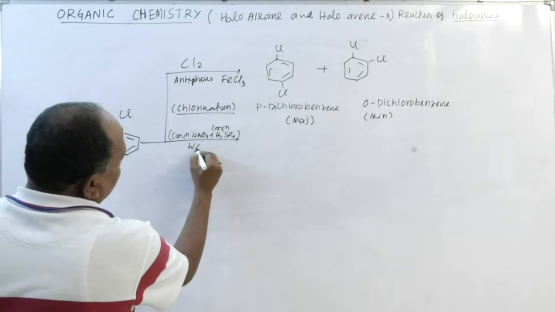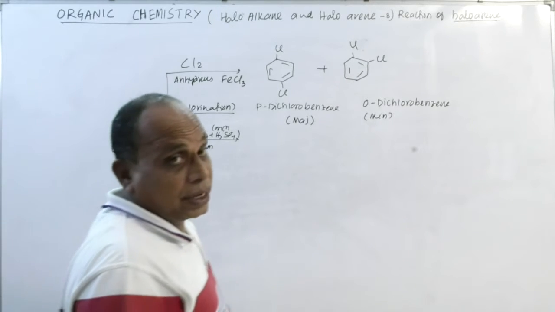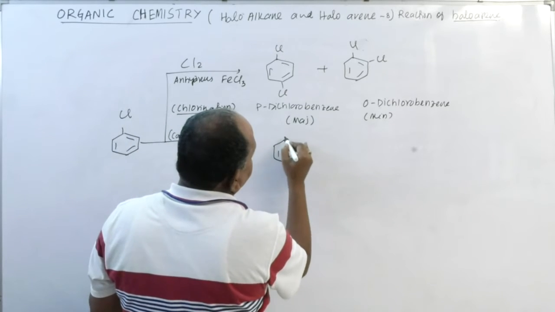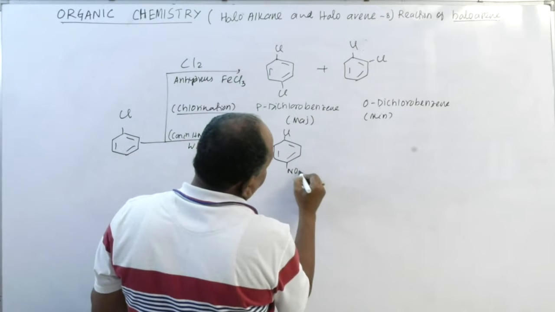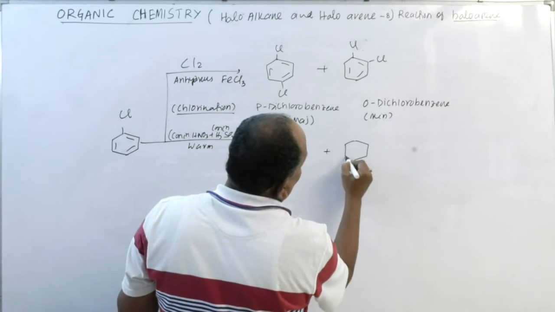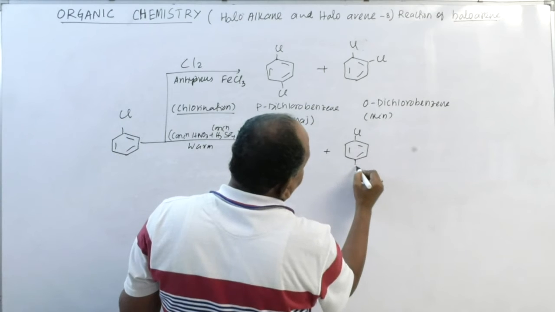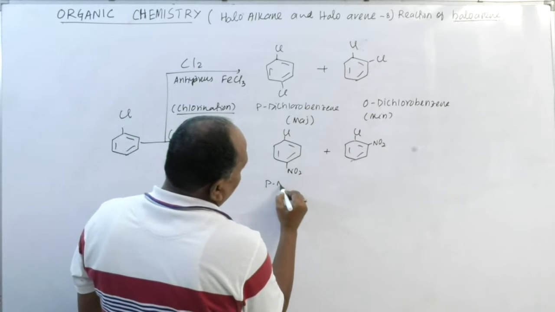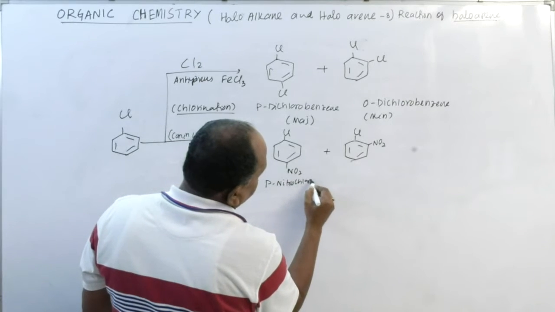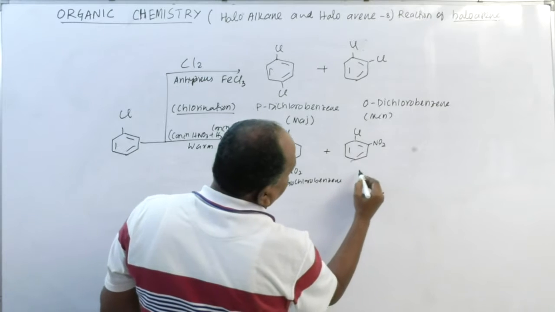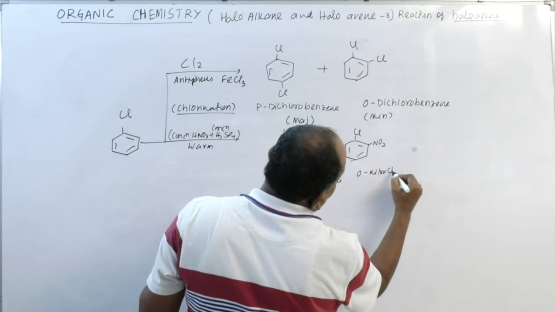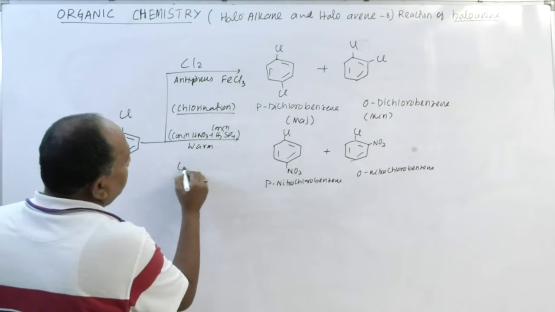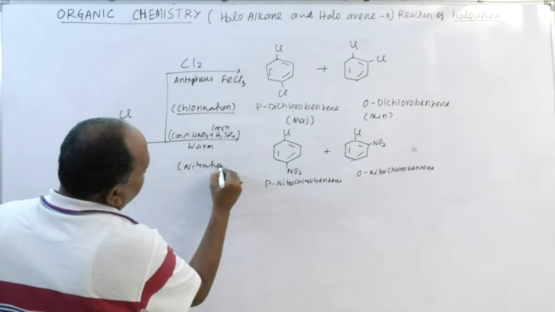It gives a nitro compound, that is, a mixture of the two products. This is para nitrochlorobenzene, and this is ortho nitrochlorobenzene. And this process is called nitration.